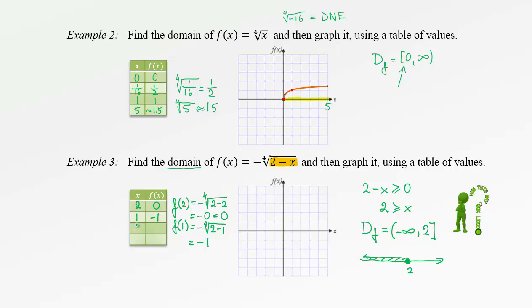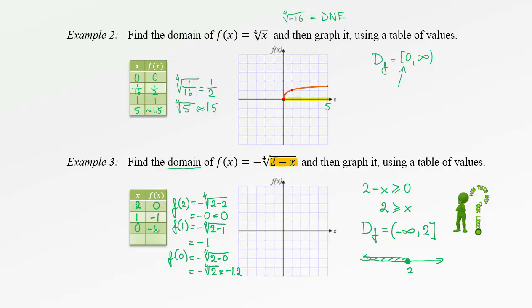So if I choose x equals 0, f of 0 is equal to negative fourth degree root of 2 minus 0. So it's the same as negative fourth degree root of 2. Let's check with the calculator how much that is. Negative 2 to the exponent 1/4 turns out to be approximately negative 1.2, rounded to one decimal place.